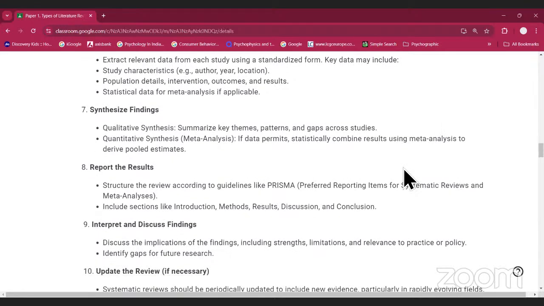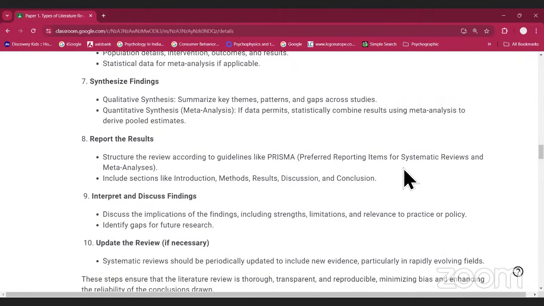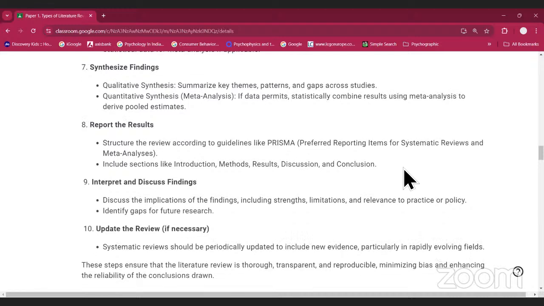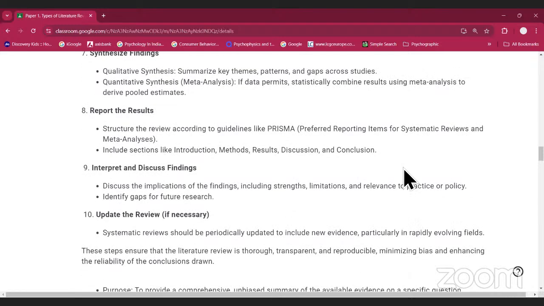Number 9, interpret and discuss findings. Discuss the implications of the findings, including strengths, limitations, and relevance to practice or policy. Identifying gap for future research. Number 10, update the review if necessary.